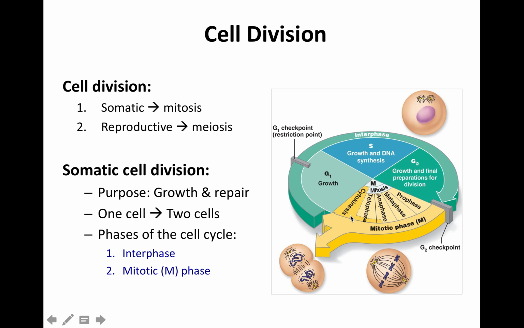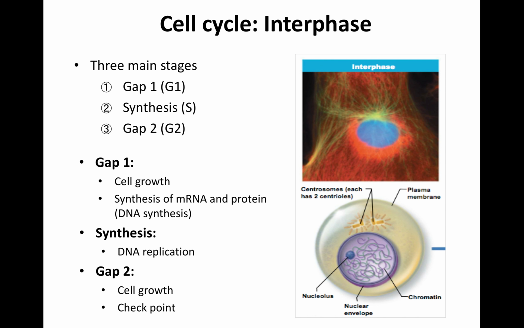We are going to start talking about interphase and then work our way through the M phase. But before we discuss that, I want to mention a couple of points about the genetic information, which should be more of a reminder from our previous lecture.